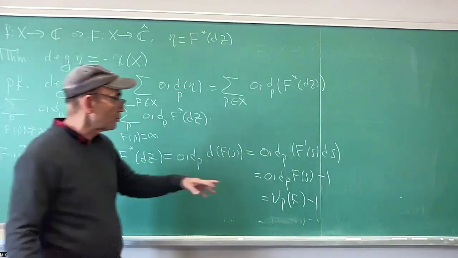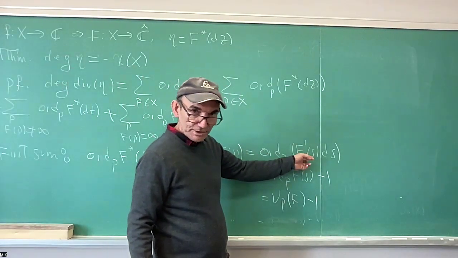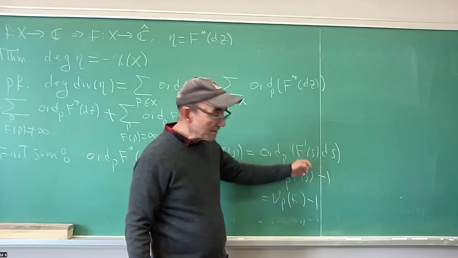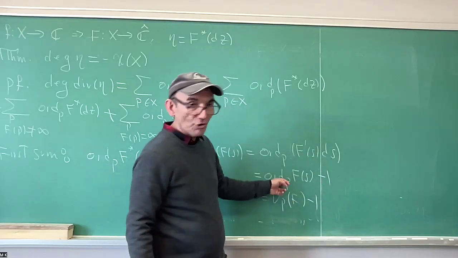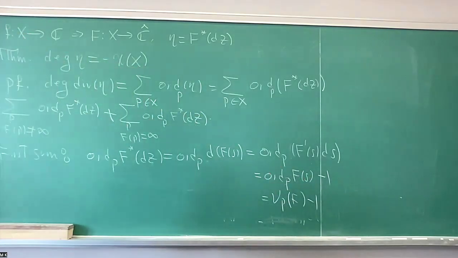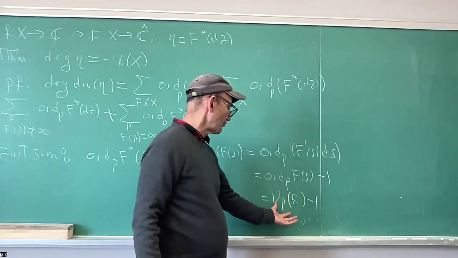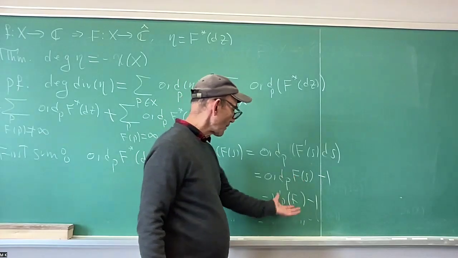We are calculating the pullback of dz, and for this we have to calculate the derivative of this function f of s. So when you take the derivative, the order drops by 1, obviously. You have function z to the m, you take the derivative, it is z to the m minus 1. So the order drops by 1, and then this order, of course, is the valuation.